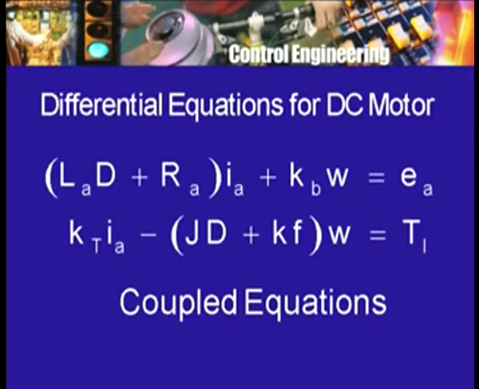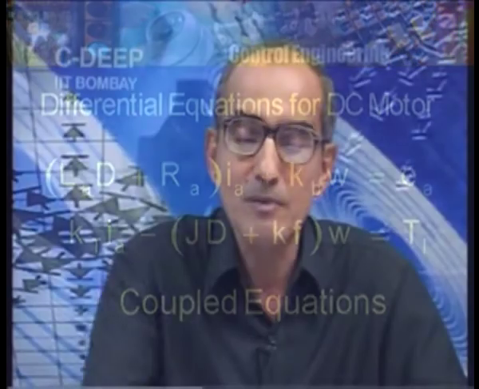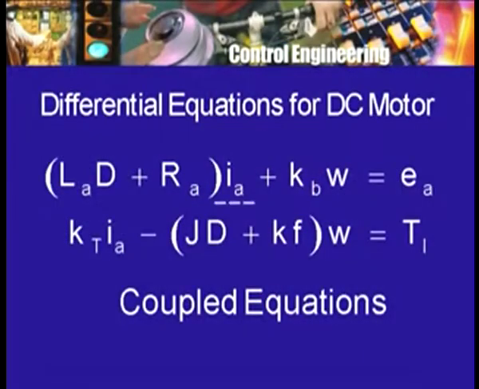Now, what one can do here is very similar to what one does in algebra, and these differential operators, polynomial differential operators, can be operated upon in exactly the same way that you operate upon things in algebra. So, in particular, I want to eliminate armature current, which occurs in these two places. So, if these were some numerical coefficients or these were symbols, then what would one do?